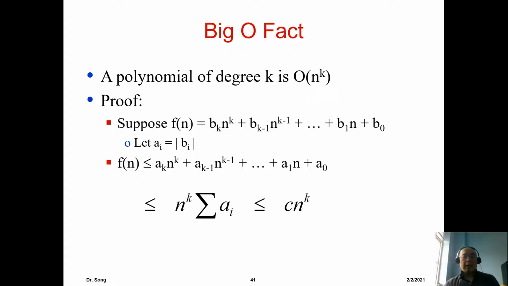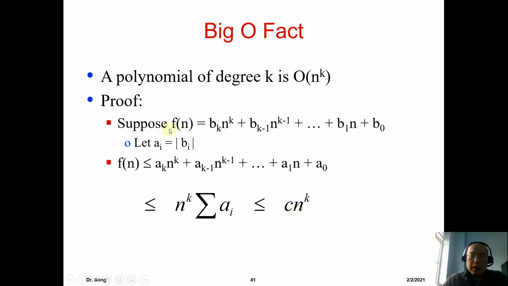And for the big O, suppose you have an f(n) that is not just a 2-degree polynomial. It can be a k-degree polynomial, so it can be super long. So if you have a polynomial b_k n to the k, then b_(k-1) n to the k minus 1, all the way down to b_1 n and b_0, and we do the same trick as before, we put together the sum of b_(k-1), b_(k-2), all the way to b_1, b_0, and eventually you get something like this.